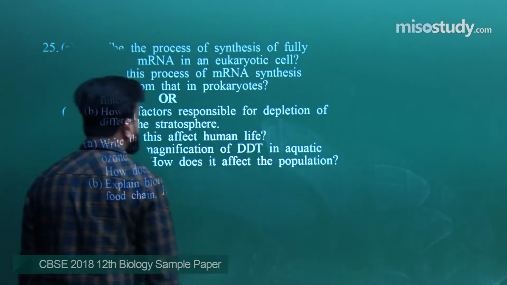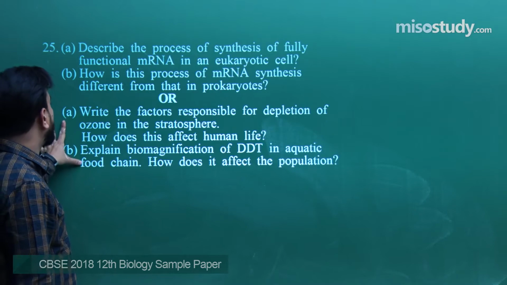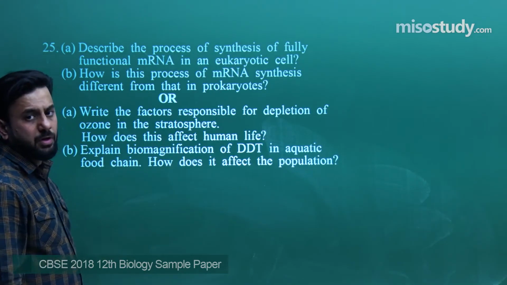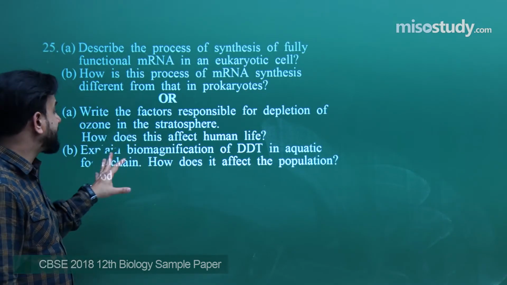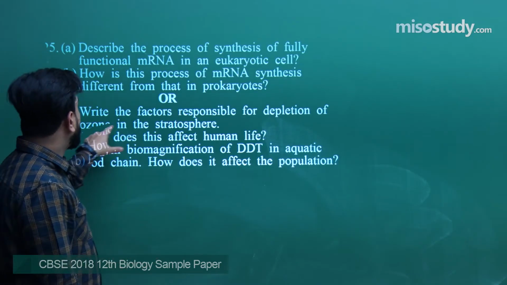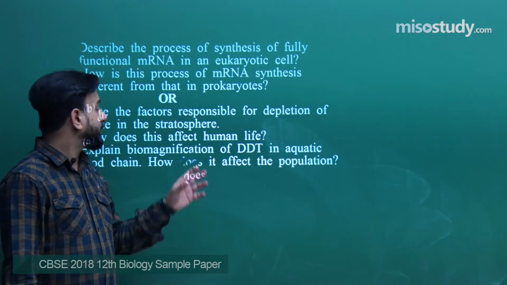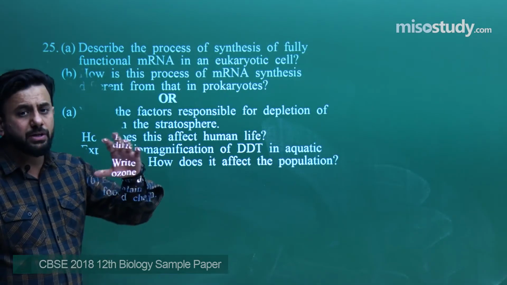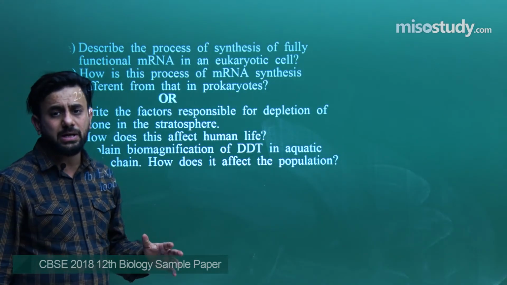Next question: write the factors responsible for the depletion of ozone in the stratosphere. We all know CFC, the chlorofluorocarbon, which is given mainly from the refrigerator. Refrigerator is responsible for the depletion of the ozone in the stratosphere. Do you know the different layers of the atmosphere, the stratosphere, the mesosphere, the ionosphere and all that?